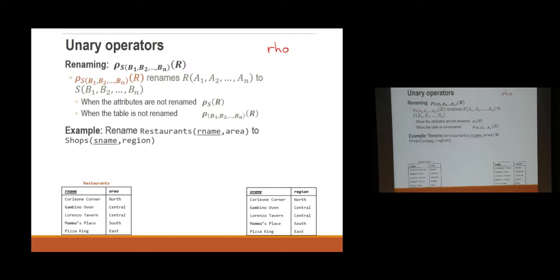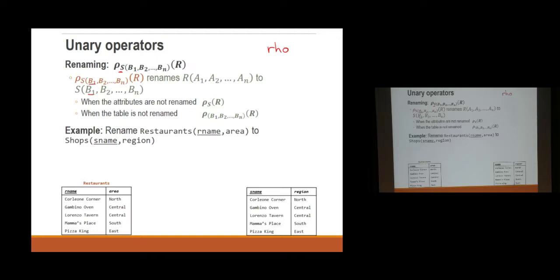When you rename, you can rename a few things. The first one, you can rename the schema, which is the table name over here. The attributes can also be renamed. All right? So that's basically just renaming.